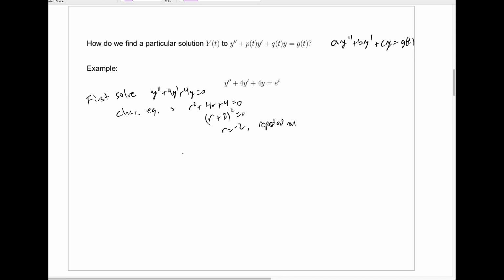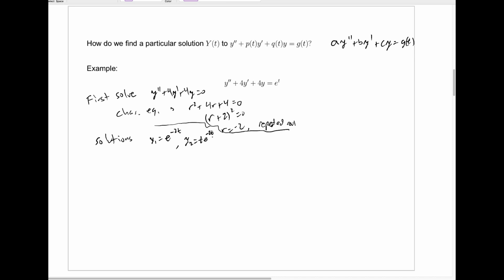So we have solutions y1 equals e to the minus 2t, and y2 equals t e to the minus 2t to the homogeneous differential equation.